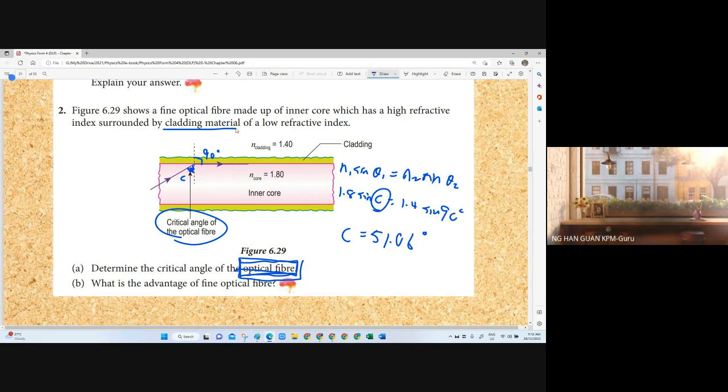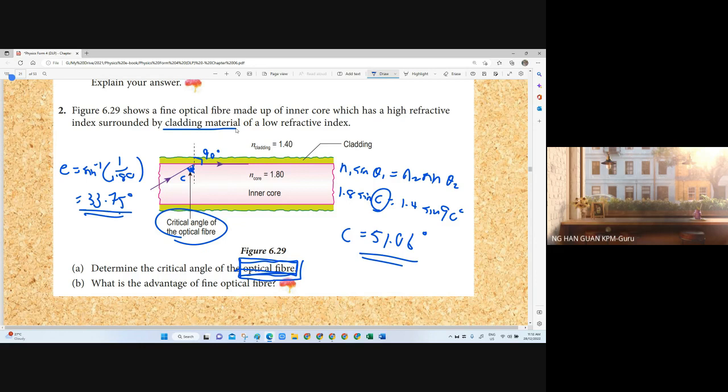And if we're using the other one, solution one, which is C equal to sin inverse of 1 over 1.8. So how much is this one? 1 over 1.8 is 33.75 degrees. So this one will be the smaller, easier for total internal reflection to occur. But when it comes to this one, it seems like not that easy, right?